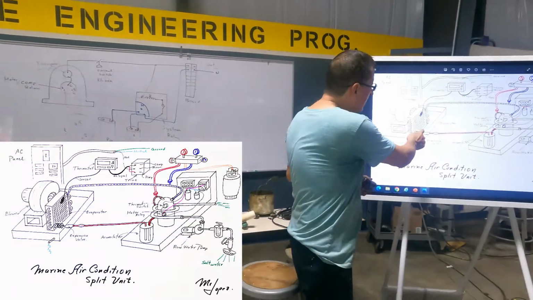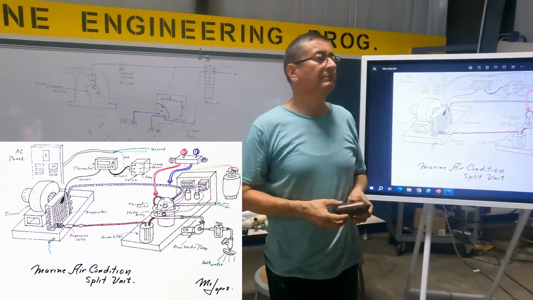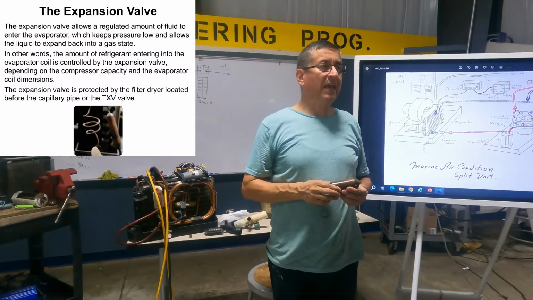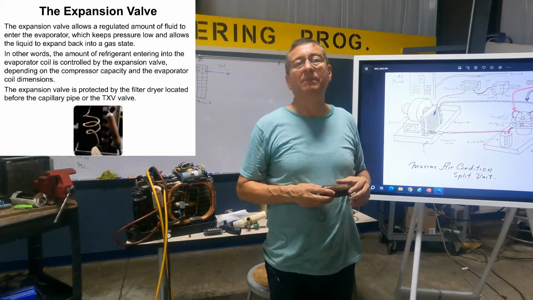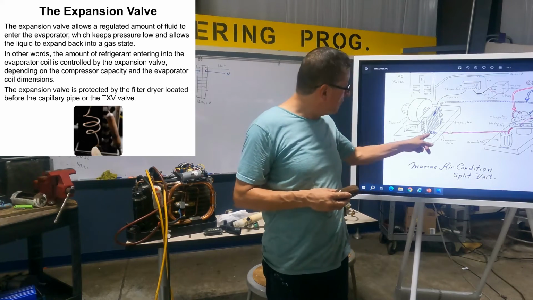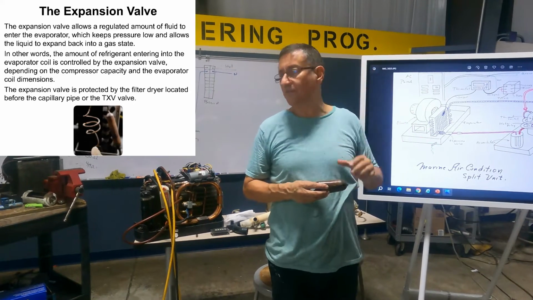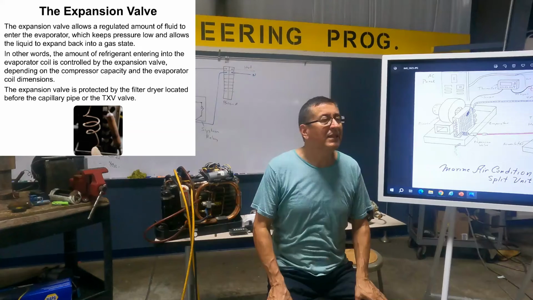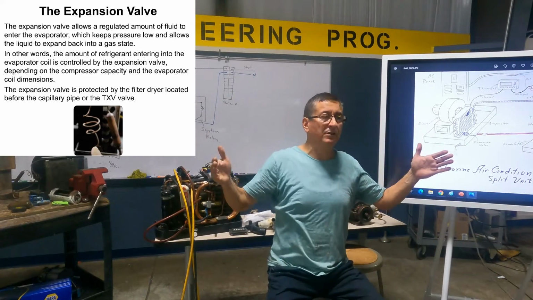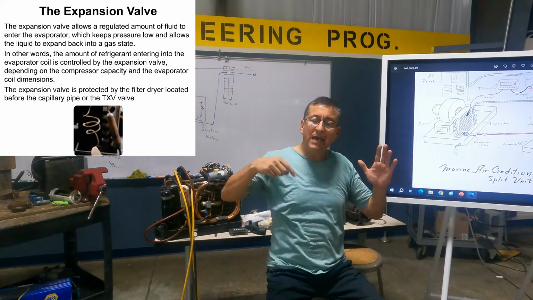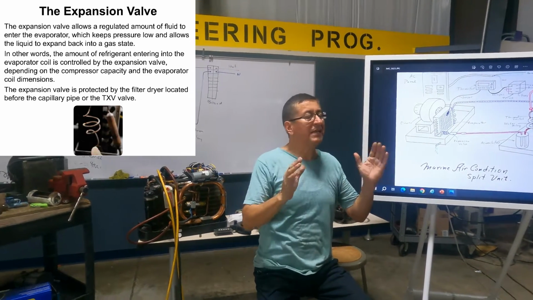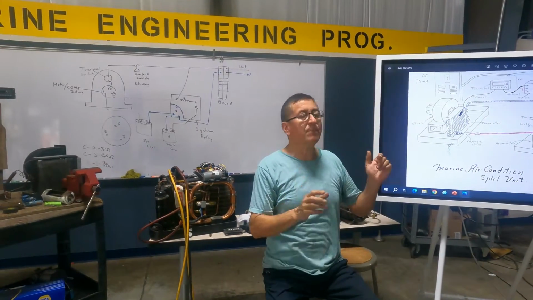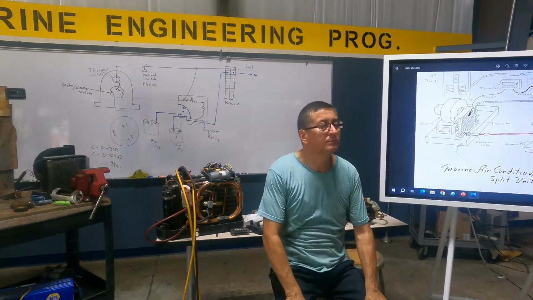And after that, it enters the expansion valve, which is basically the capillary pipe. The length and the diameter of the capillary pipe depend on what? On the size of the evaporator. In other words, the amount of capillary coils and the diameter are calculated for this evaporator and this compressor.